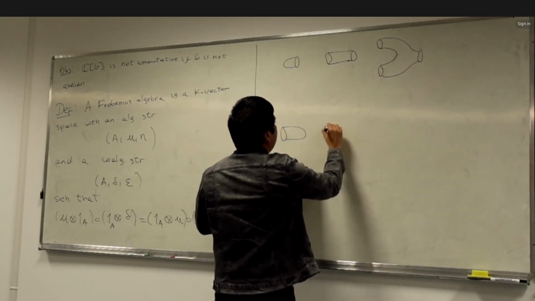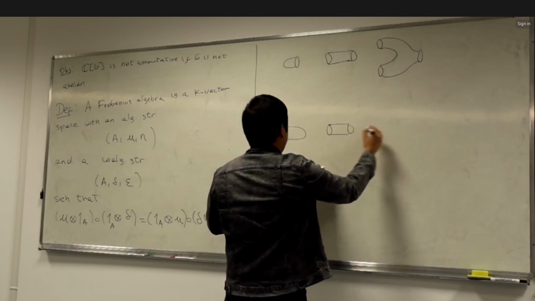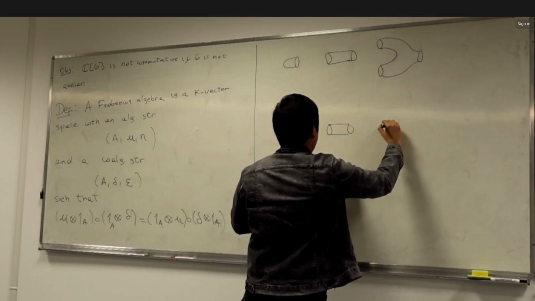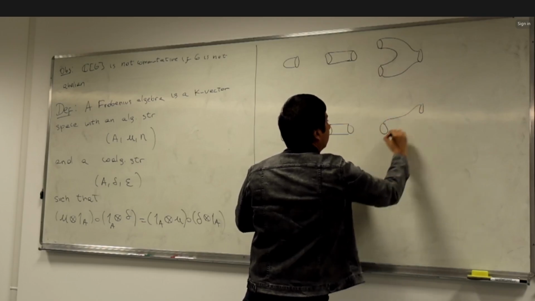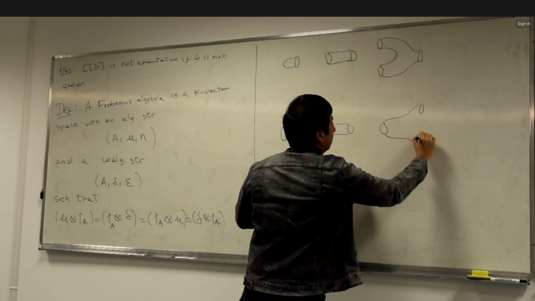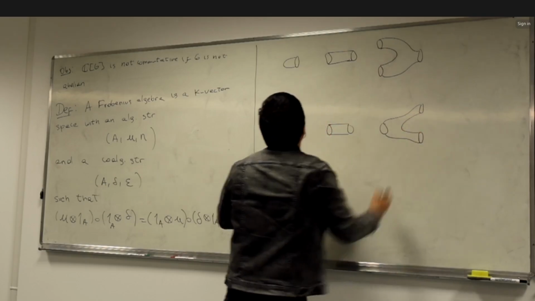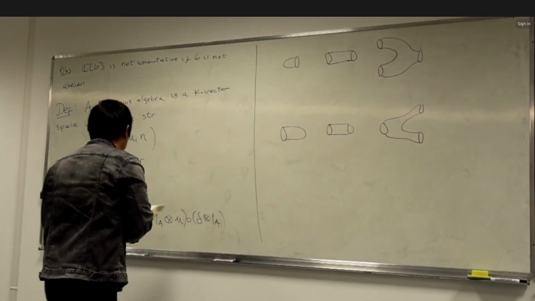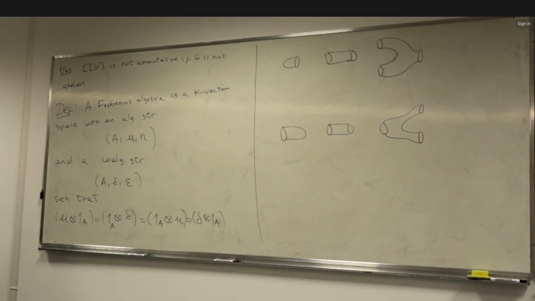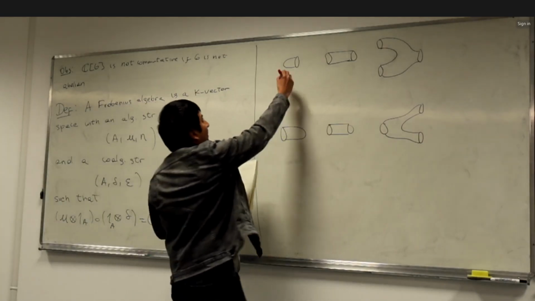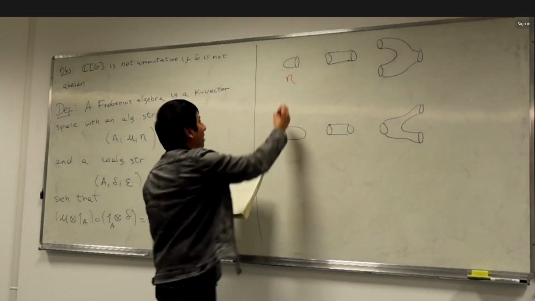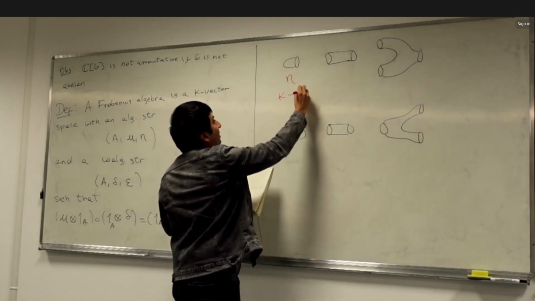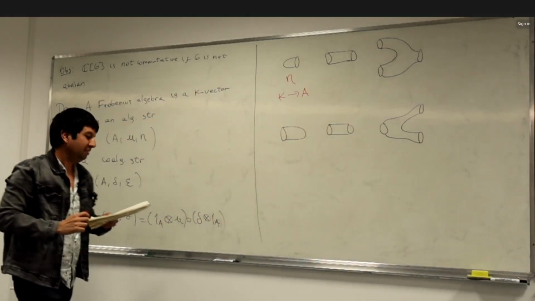Well, this is again the identity. This is an alternative. I will explain what it is. This is a way to denote eta.